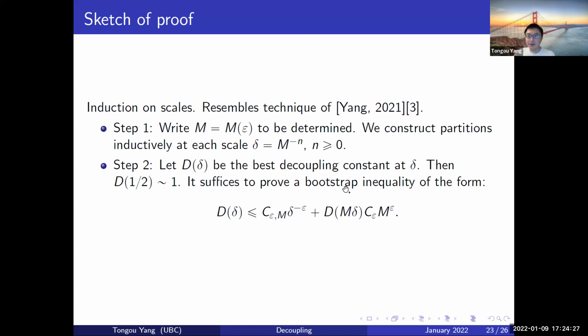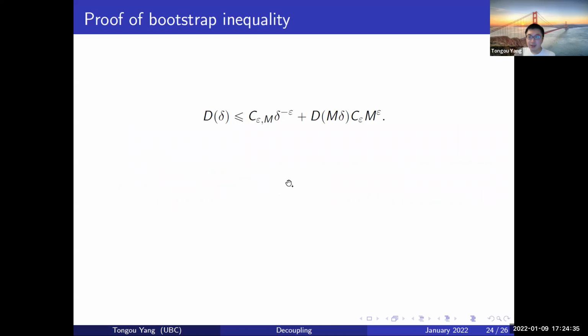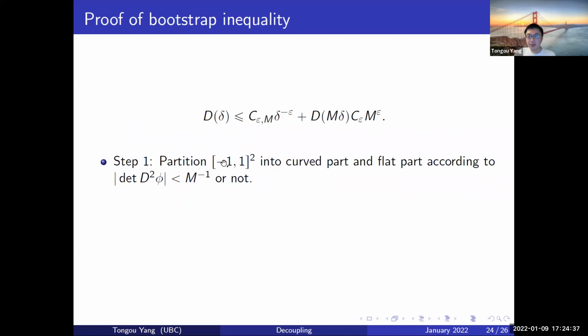That means, roughly speaking, how was this partition chosen? So at each step, we partition the unit square into the curved part and the flat part according to whether this inequality holds or not.